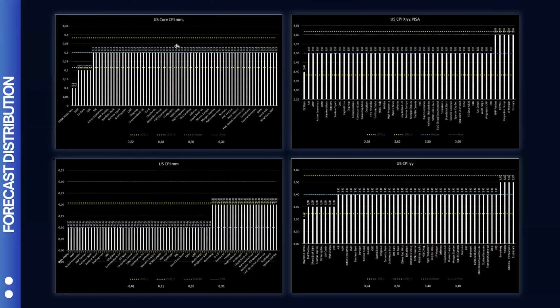So knowing that information means that we probably don't need to see a print below the low. We don't need to wait for a print that comes in that low. If we just see anything close to 0.2 or lower, we already know that's going to be a big surprise for the markets. Can you guys see? Very, very simple to use, but very powerful if you want to look for those numbers without just looking at the low and just looking at the max. Let's take a look at the next one.